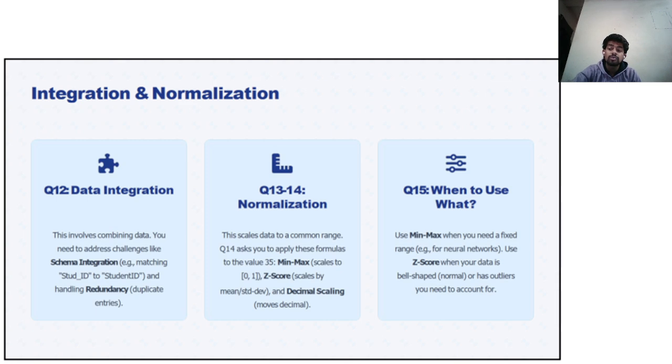Second, the z-score method, which scales data based on how many standard deviations away from the mean it is. Finally, question 15 asks about the use cases. We use min-max when we need a fixed tight range, like for training a neural network. We use z-score when we believe the data follows a normal distribution, as it handles outliers more gracefully than min-max.